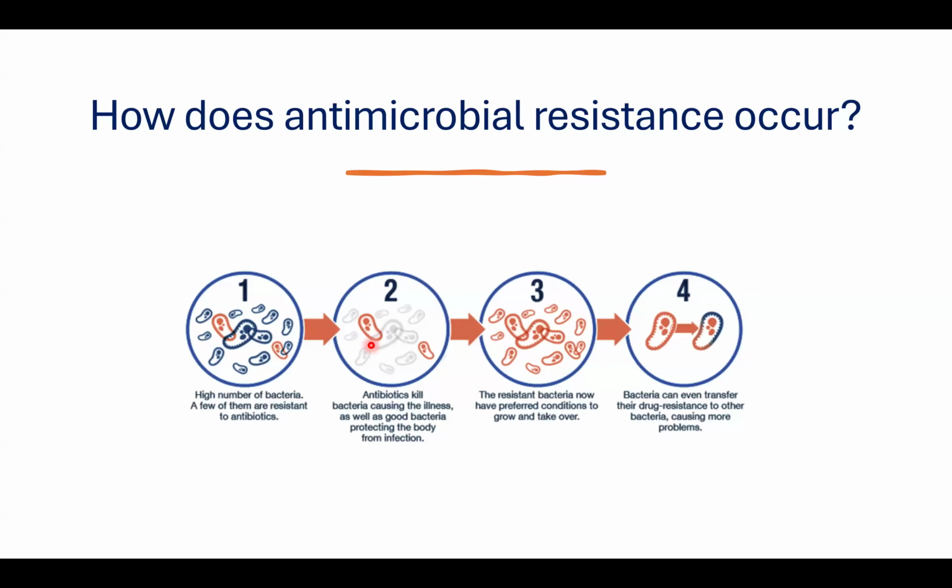But the ones that have some resistance genes keep on persisting despite the antibiotics. Over time, the resistant ones keep on growing, and gradually the whole microbial flora becomes a resistant flora. The bacteria can also transfer their property of antimicrobial resistance to different bacteria. And this is where the main problem lies: not only can a bacteria become multi-drug resistant, it can also transfer its multi-drug resistance to other bacteria so that it keeps on spreading.